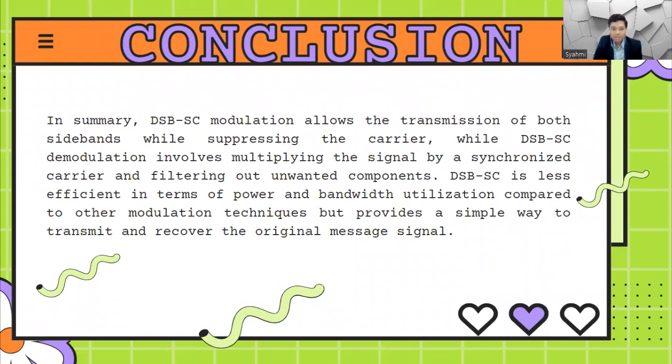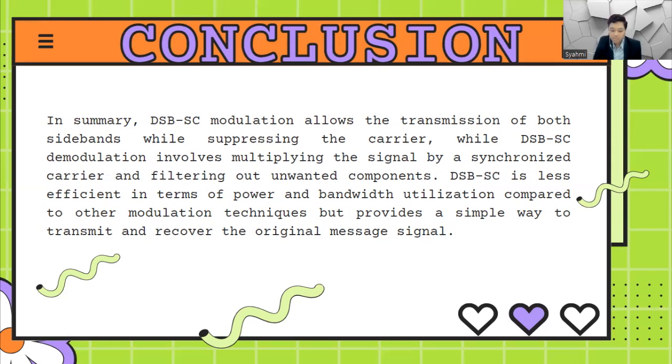So, in summary, DSB-SC modulation allows the transmission of both sidebands while suppressing the carrier, while DSB-SC demodulation involves multiplying the signal by a synchronized carrier and filtering out unwanted components. DSB-SC is less efficient in terms of power and bandwidth utilization compared to other modulation techniques, but provides a simple way to transmit and recover the original message signal.